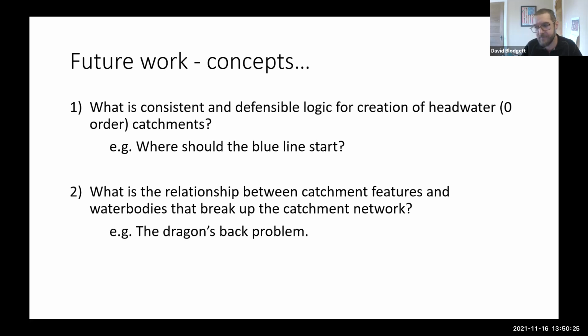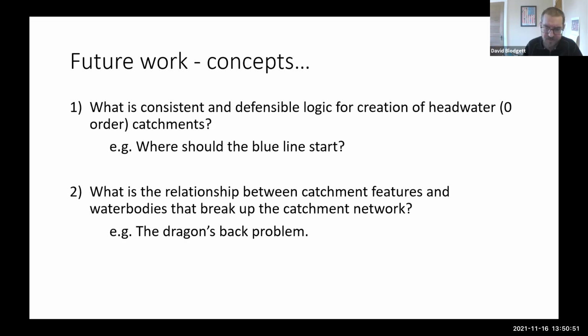And from a modeling and a hydrology perspective, it kind of leads us to need to throw away those first order flow lines, because we can't use them the same way that we use everything else. And anyways, it's an aside digression, but it's an important nuance for us to figure out, this zero order catchment issue, and where should a blue line start? Why? What's the nature of the hydrology and the hydrologic system upstream of the initiation of a blue line?